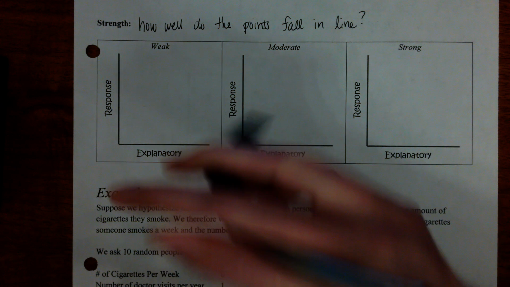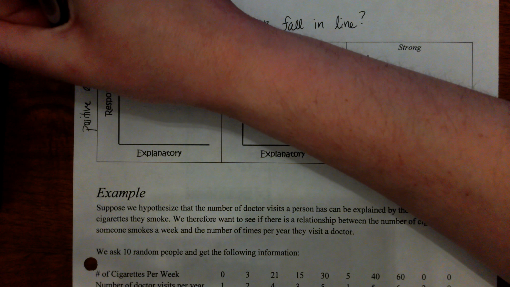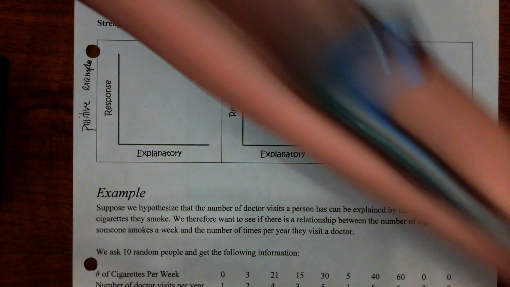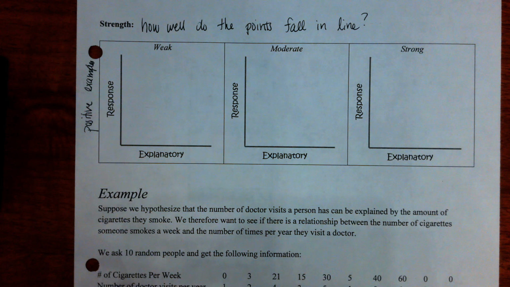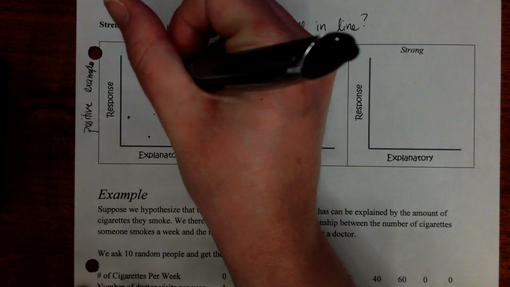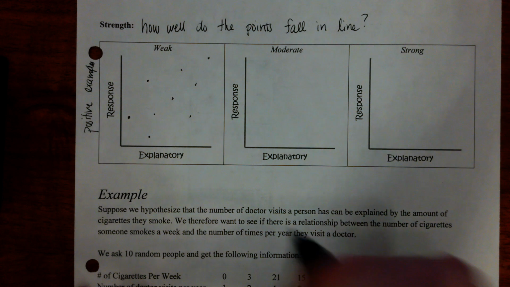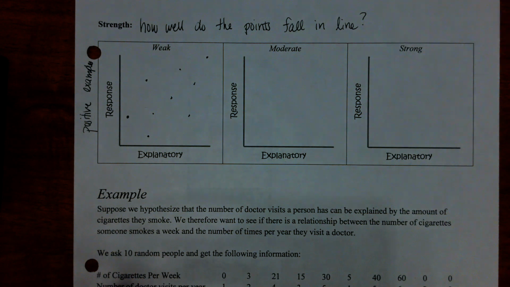But we're just going to look at positive examples here. So positive direction only examples. So when I'm looking at positive examples, if I would have something that's weak, all my points are going to be super spread out, but I can still kind of tell that it's going to be positive.